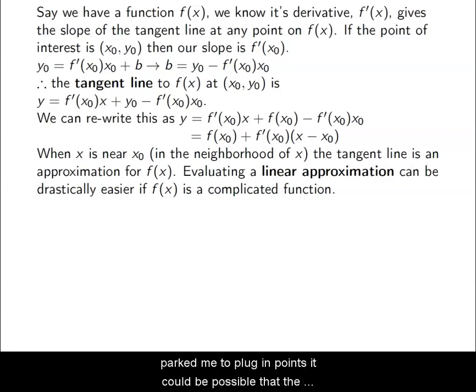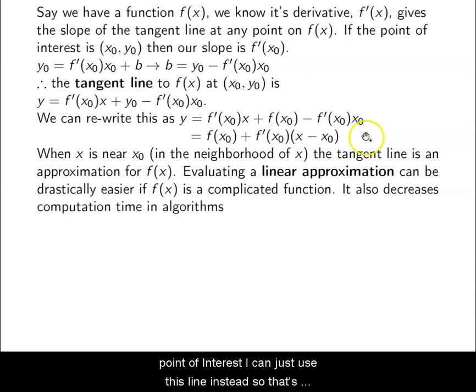It could be possible that the derivative of this function is very easy to calculate, and so this line is a lot easier to look at than a very complicated function. So instead of looking at this complicated function and trying to figure out what values I have around my point of interest, I can just use this line instead. So that's what is going on here. It allows me to linearize my function near a point.